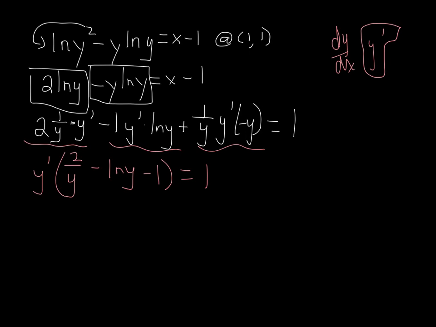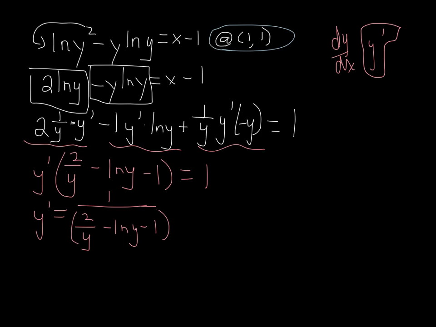When I want to solve this equation for y prime, because I'm trying to find the first derivative, I'm going to take this whole bracket and write it on the other side in the denominator. So I'm dividing everything by this whole bracket. Now it's time to substitute in our values. Remember, way back they told us that x equals 1 and y equals 1.